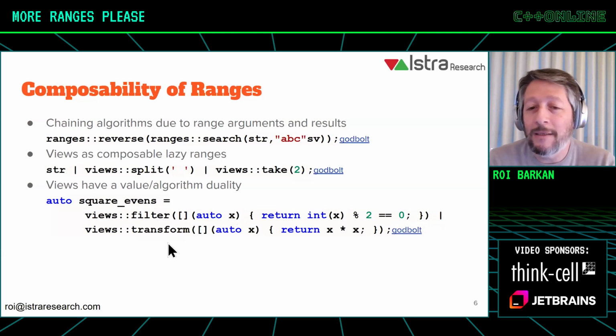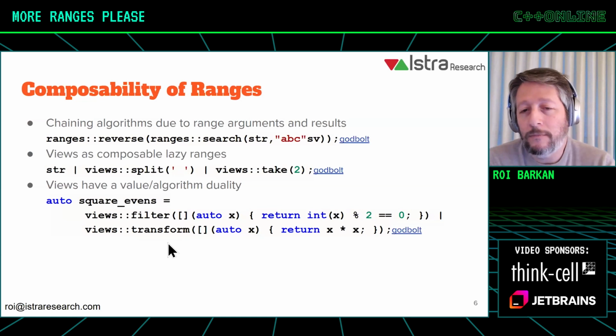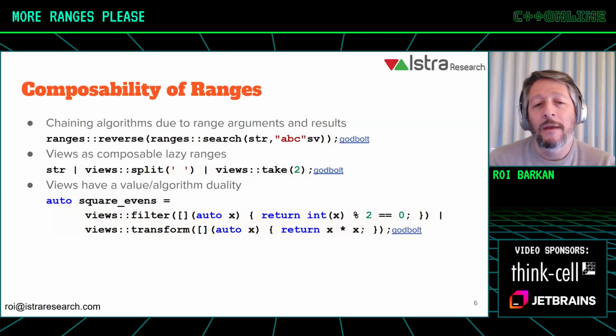And transform takes a range and performs some operation on each and every item. And here I have my own new word that I can use inside my code base, square evens, which is the composition of a filter and a transform with specific lambda arguments.